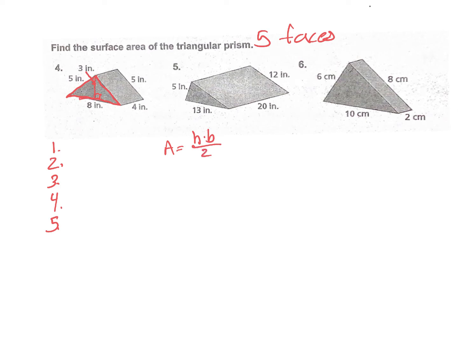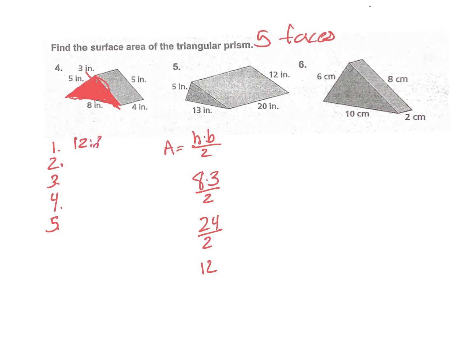So on this one, we have an 8 by 3. So 8 times 3 divided by 2. And 8 times 3 is 24 divided by 2. That equals 12. So this first triangle right here, I'll color it in. That one triangle is 12 inches squared.